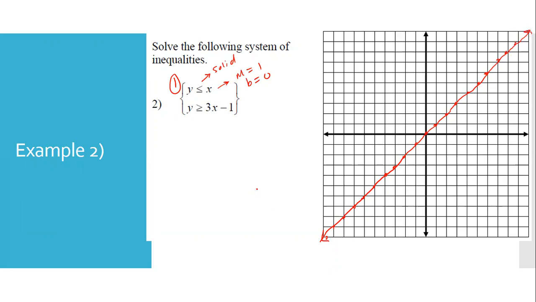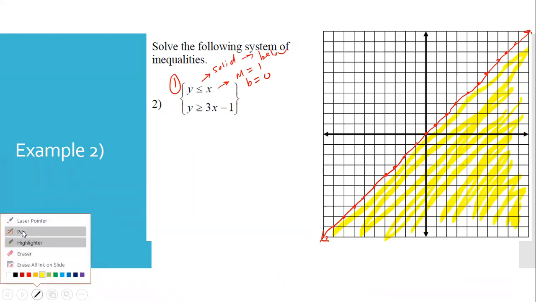Because it says less than, I'm going to shade below. So there's my below shading. You want to do it lightly because when you darken, that's where you're saying the solution is.